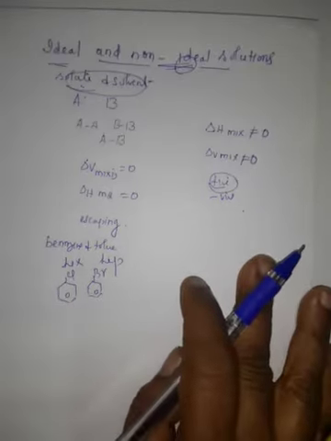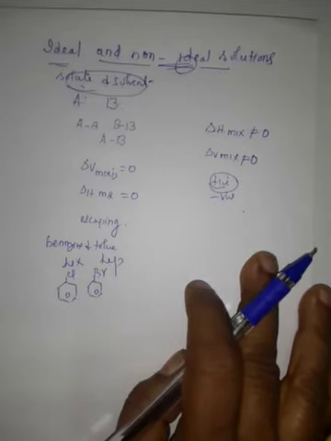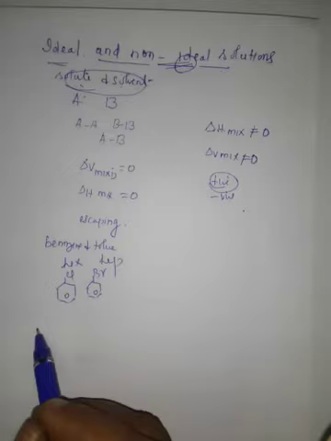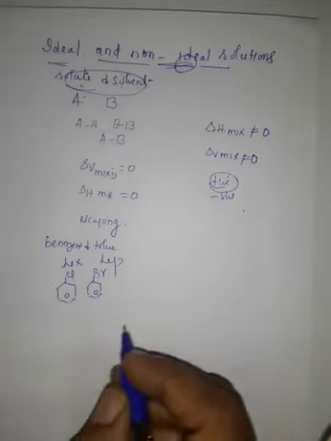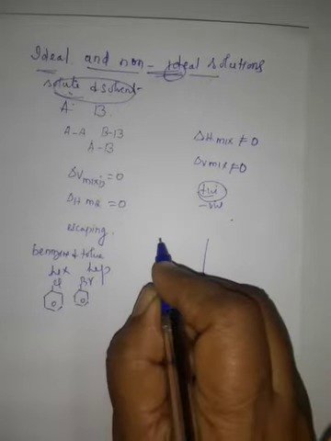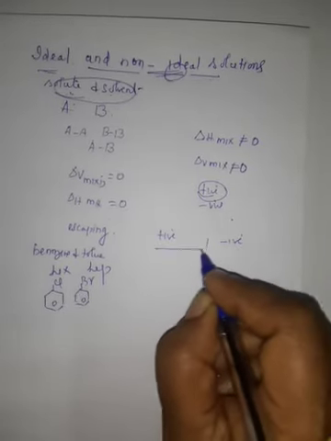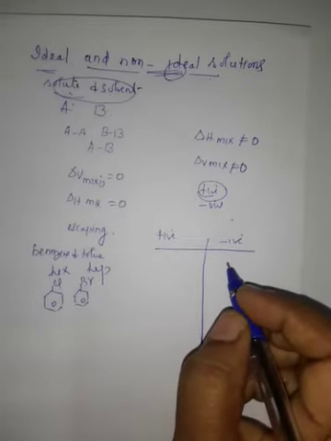These are some common factors. Consider the solute and solvent A and B. Now, positive deviation and negative deviation regarding non-ideal solutions.